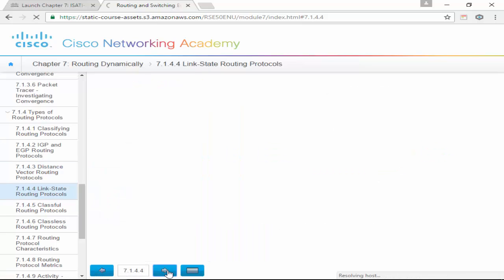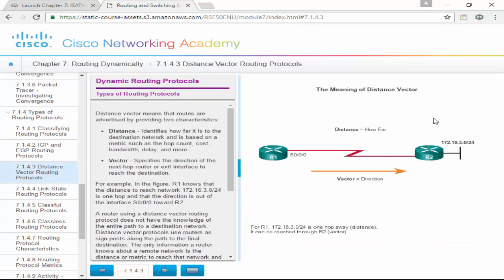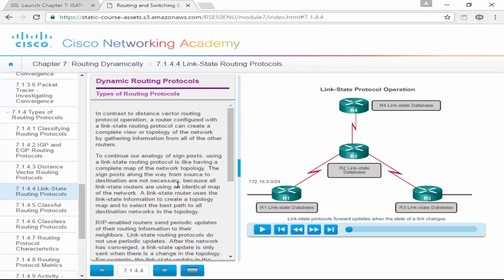Alright, so link state. Distance vector is kind of, I call it a Mr. Rogers routing protocol because it's all about neighbors. It learns all of its information from neighbors, whereas link state actually has a boss, a king and a queen, I guess you could say, the DR and the backup DR that tells all information to all the routers, and all the routers have the full map.